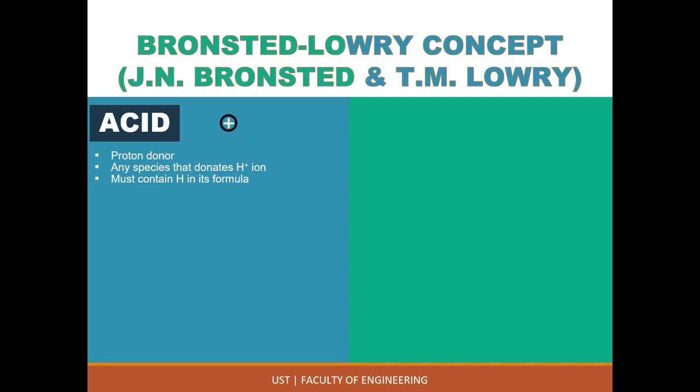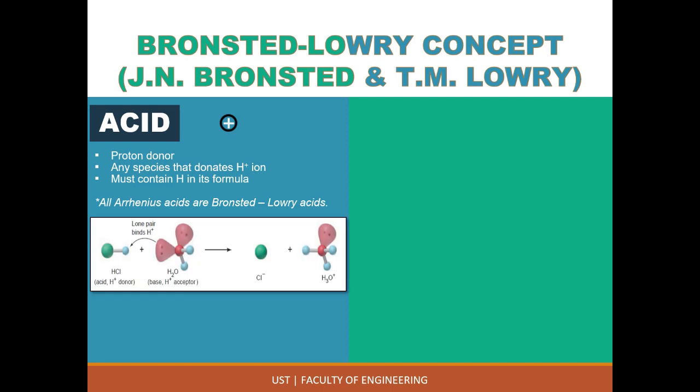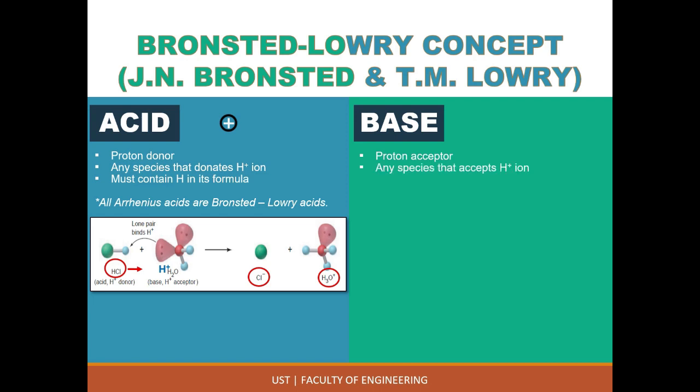Hence, all Arrhenius acids are Brønsted-Lowry acids. Like in this example, HCl is considered an acid because it can donate its H+ to water, leaving Cl- and forming H3O+. Whereas, a base is a proton acceptor, or any species that accepts H+ ion.